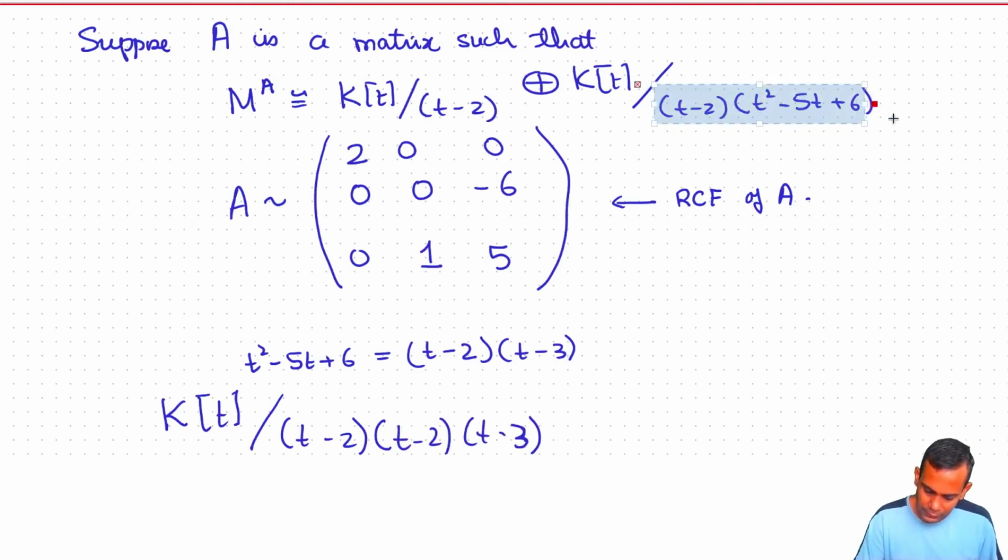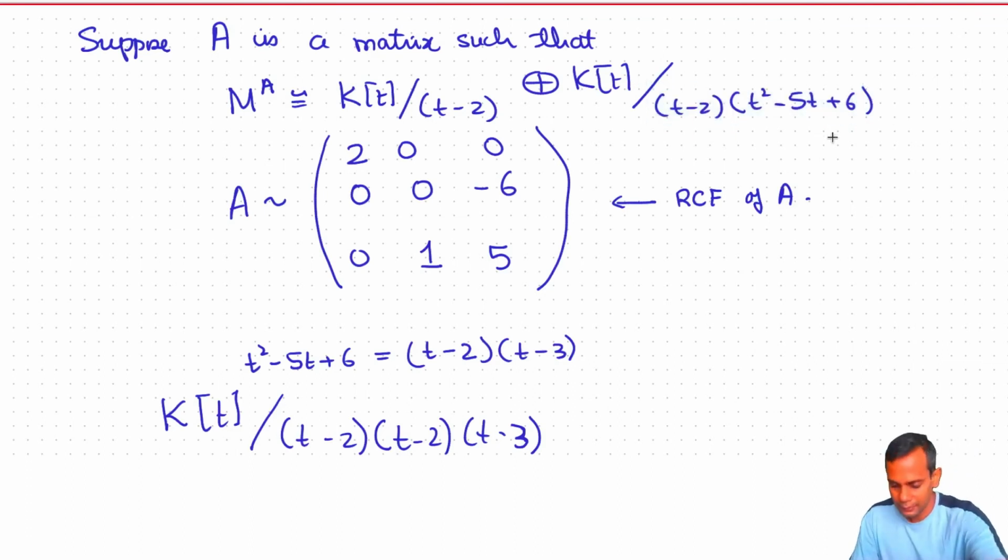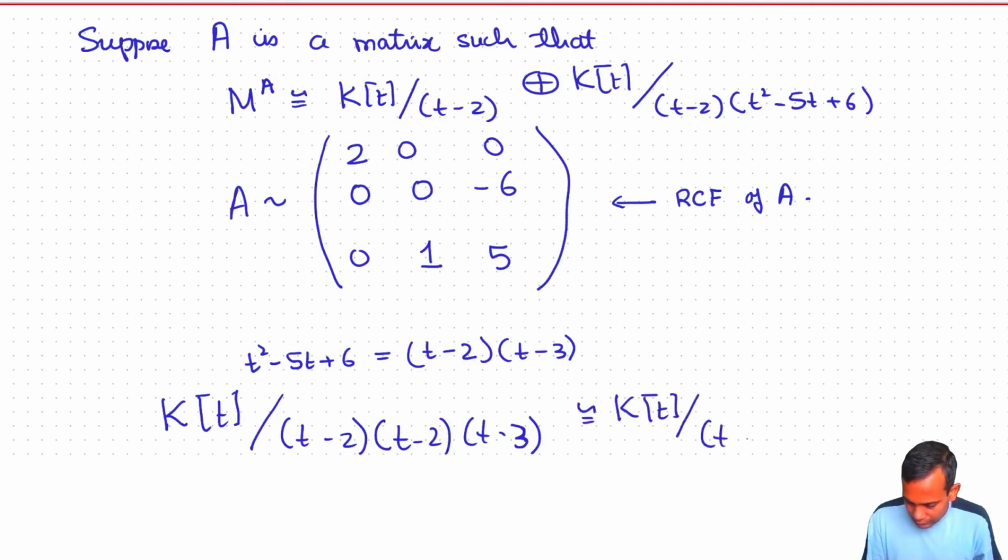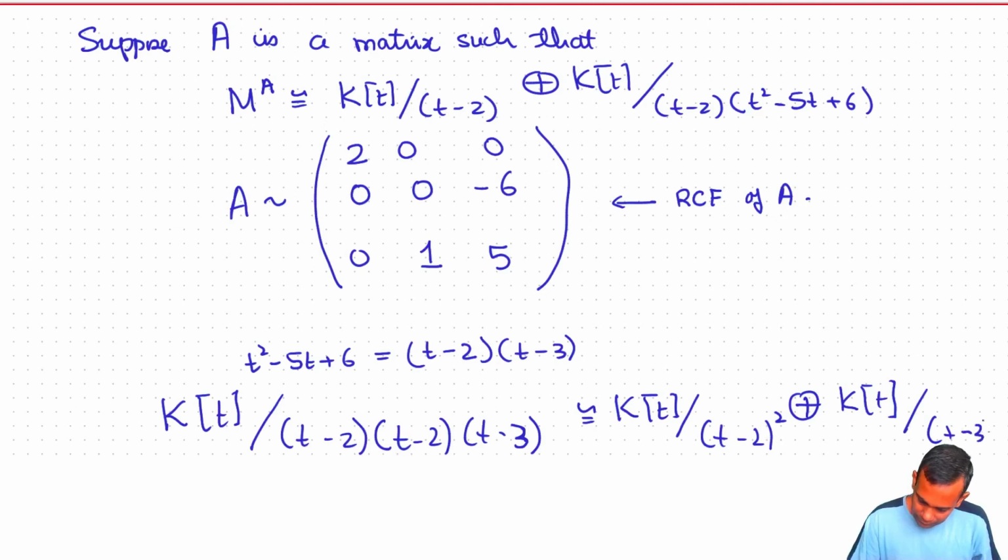This piece is isomorphic to kt mod t minus 2 squared direct sum kt mod t minus 3. This is by the Chinese remainder theorem.